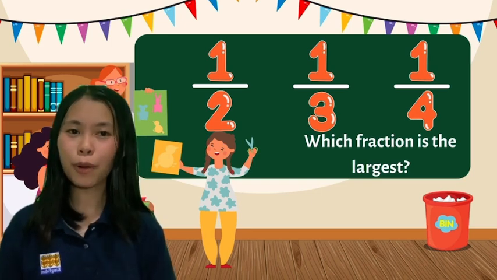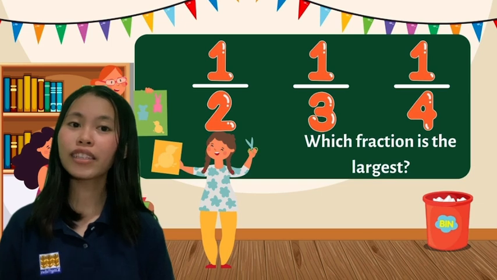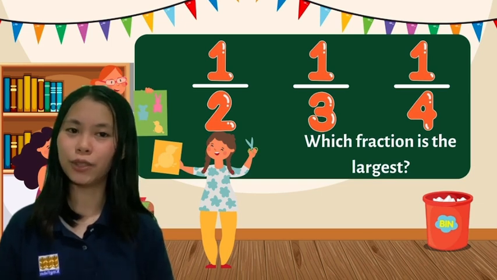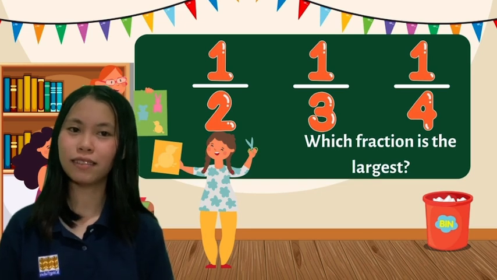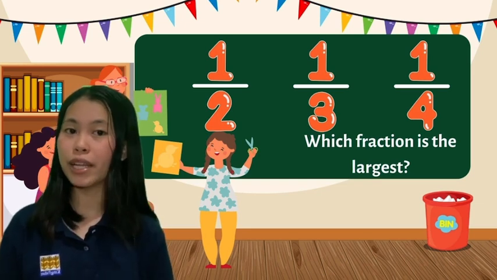Yes, the top number is called the numerator and the bottom number is called the denominator. The denominator tells us how many parts a whole is divided into. Now, look at these fractions again. Do they have the same denominator?